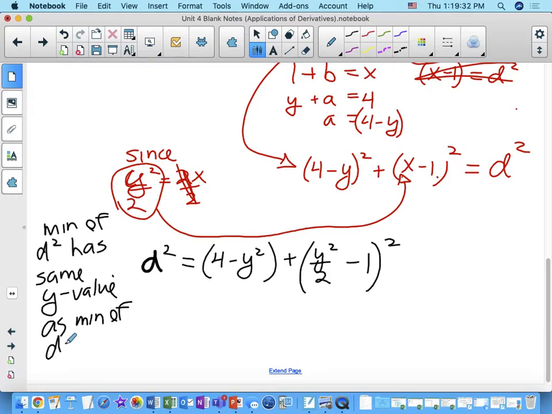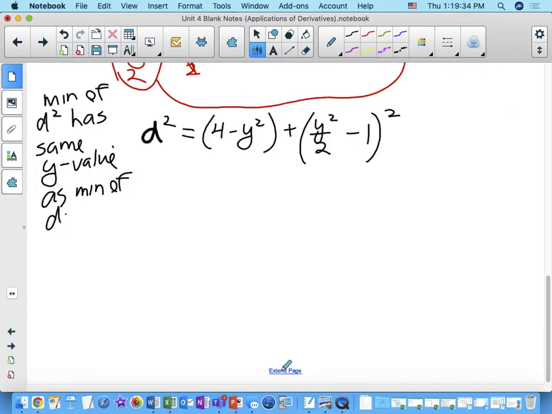Okay, so here's what I'm going to do. I'm just going to minimize, oh, sorry, there should be a squared there. I'm making all sorts of mistakes, you guys. I'm not blaming you. This should be (4 minus y) squared, that's better. I had the squared on the inside instead of on the outside.